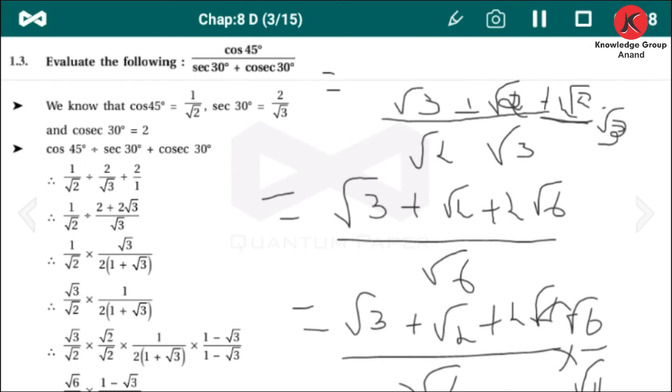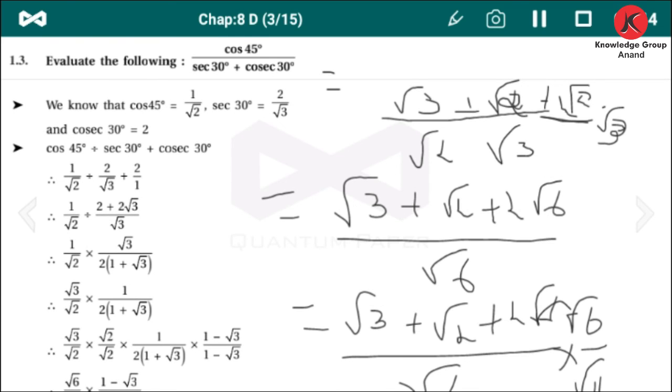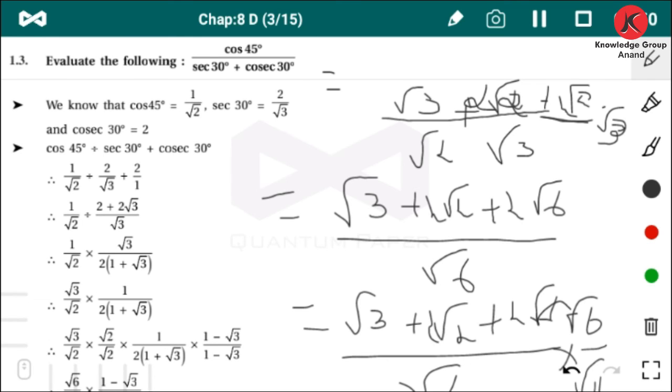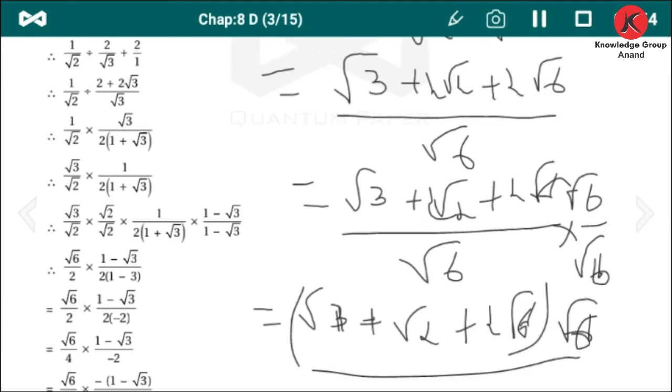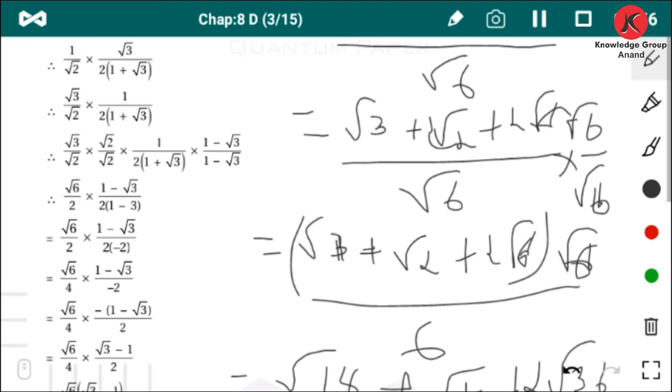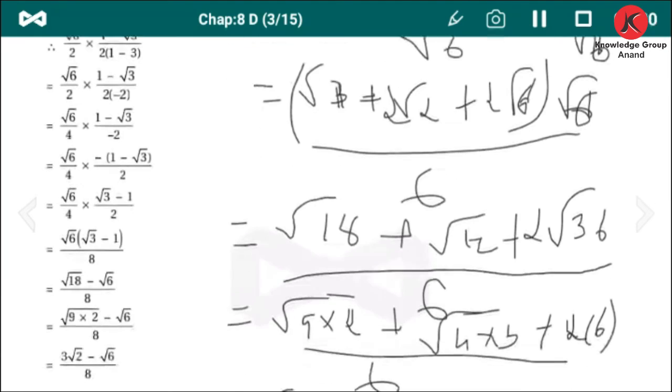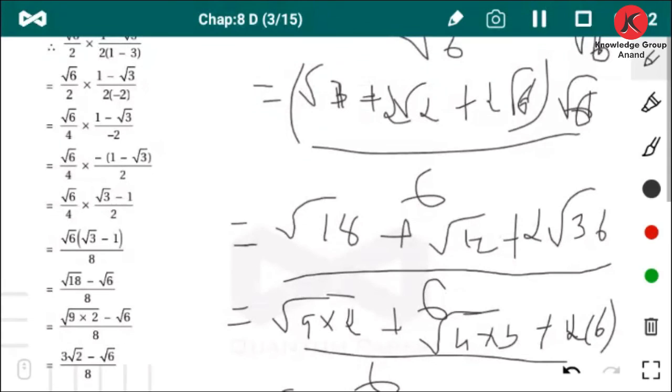Here root 3 plus root 2, root 2, it is also 2 root 2. It is our 2 root 2, 2 root 2. Then 2 root 2, 2 root 12.